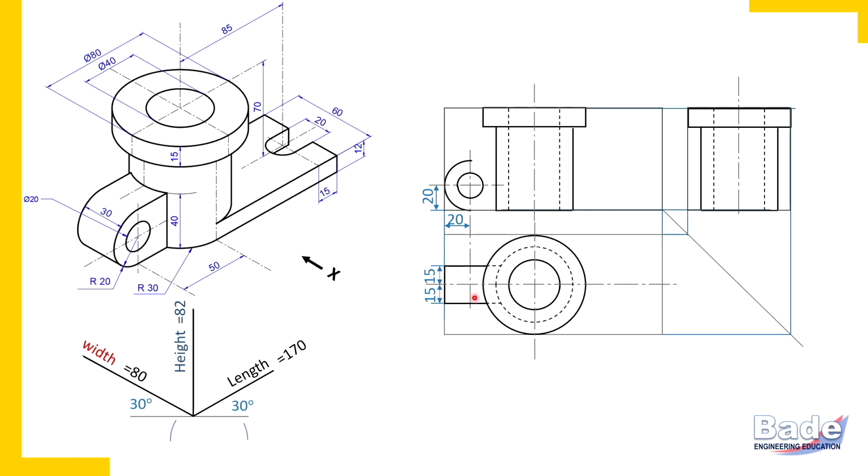So a small portion of each of these two edges I have shown hidden. Take care of that. The portion of the U-shaped block which overlaps with the portion of the top cylinder is to be shown hidden, because this cylindrical disc is nearer to the observer when the observer watches the object from the top.